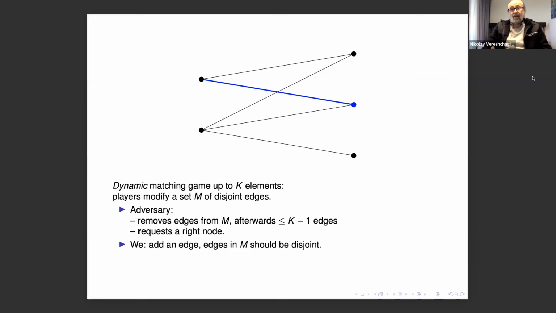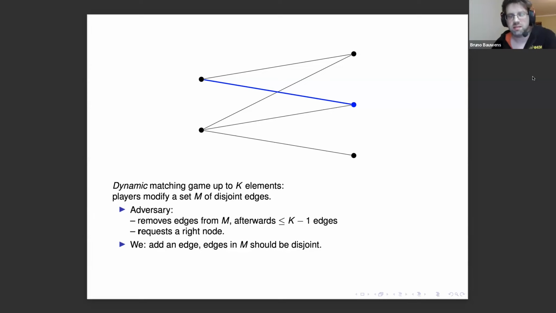I mean, the opponent selects the right node. Then we select an edge incident to that node. And then the opponent can also remove some edges, an old edge, and then select a new node. And we win if we can play indefinitely long.